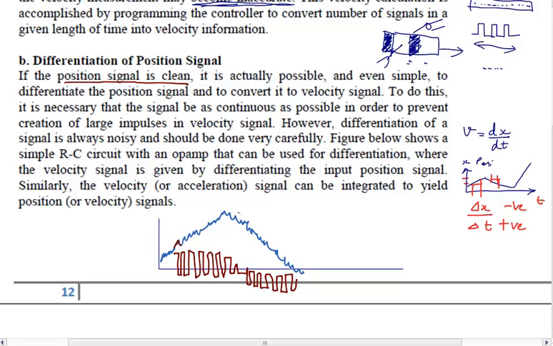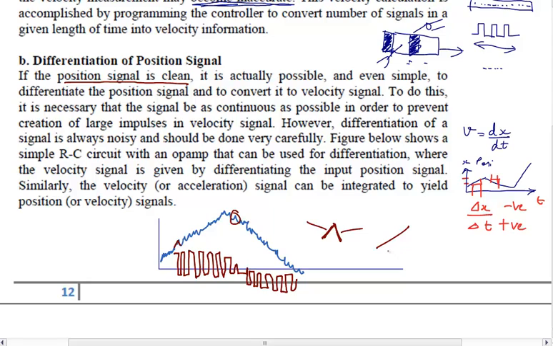Why? Because the velocity signal itself is having spikes, which for this much duration will be positive, and here it will be the deceleration value, or negative. So here the slope is positive and here the slope is negative for the case of spike. So I will not have a single value.